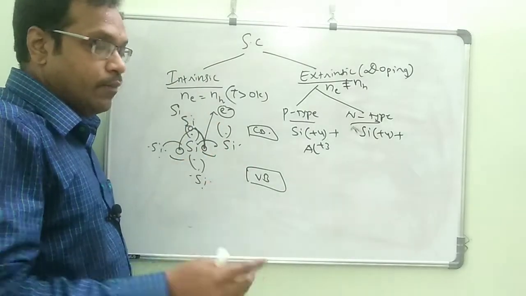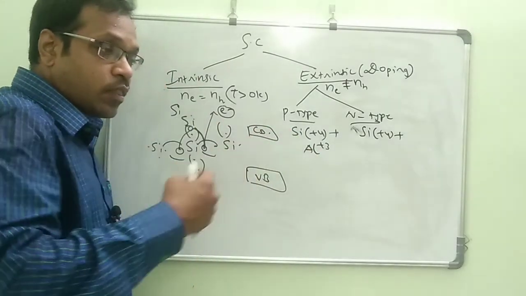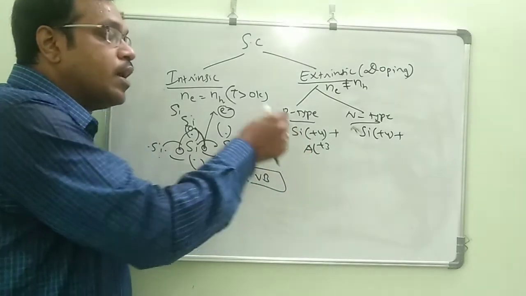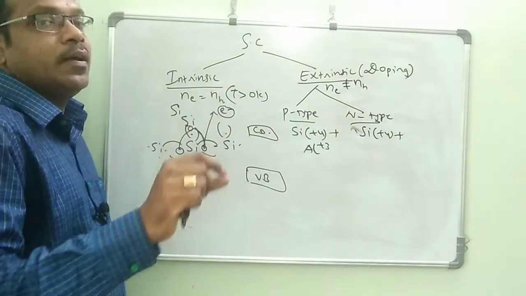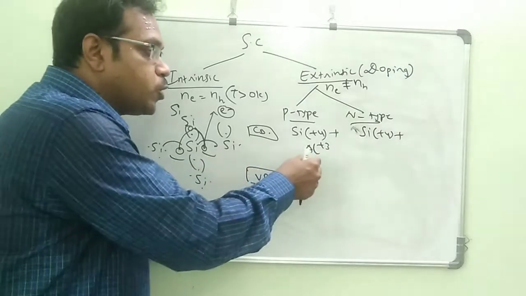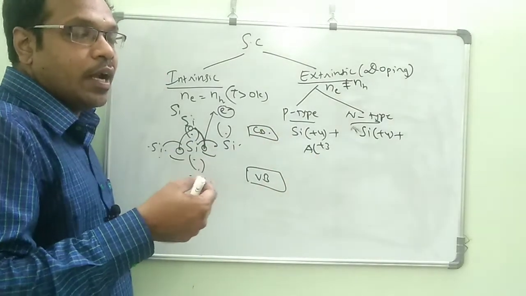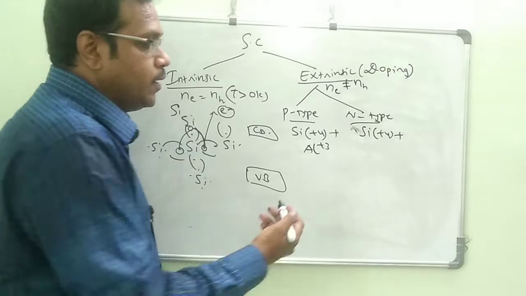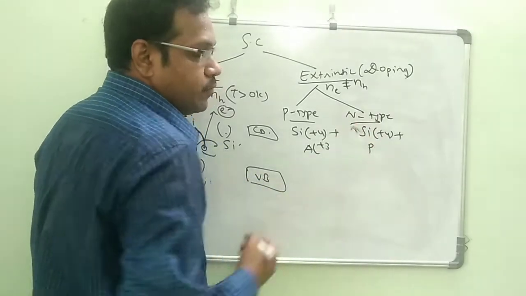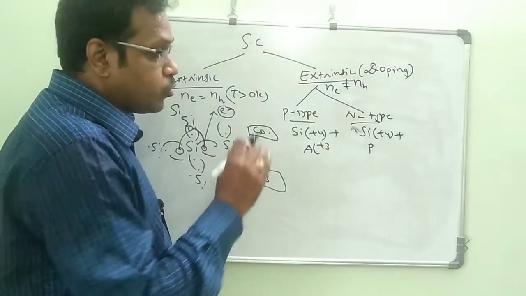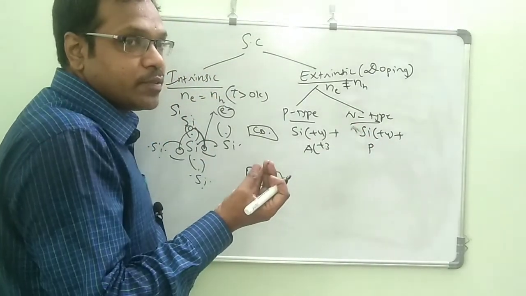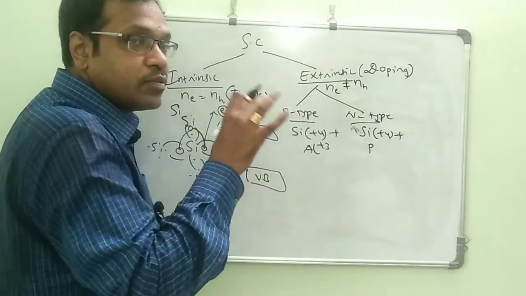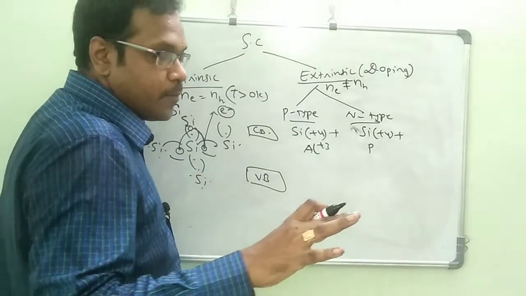We have to add very few impurities, so that the properties of the silicon should not be affected. We are just adding to increase the electron number density, or the number of holes should increase. So here phosphorus, a very important point: we should not add more impurity atoms, very little only, so that the real properties of silicon should not be affected.